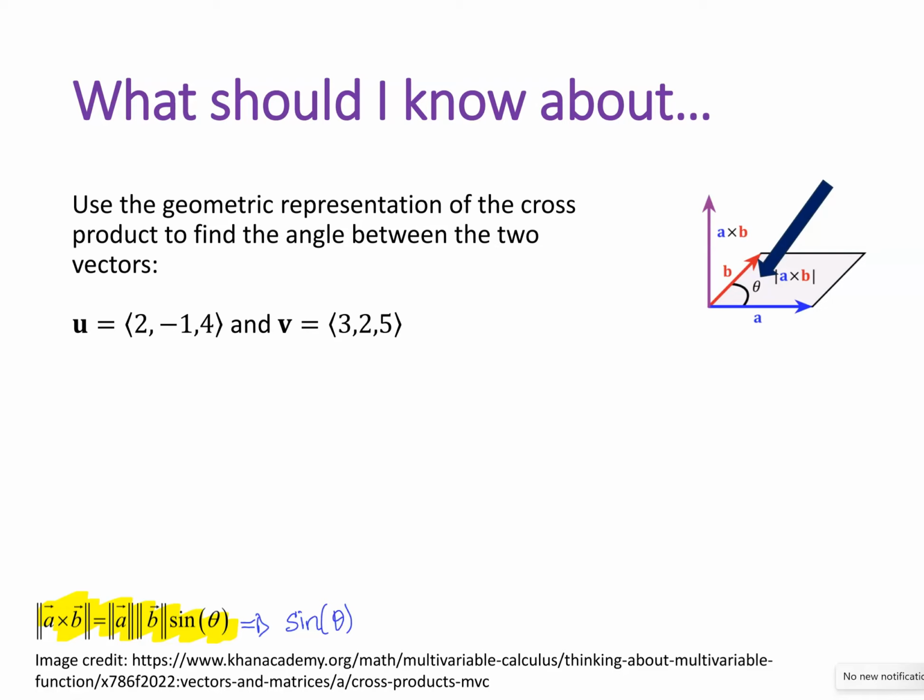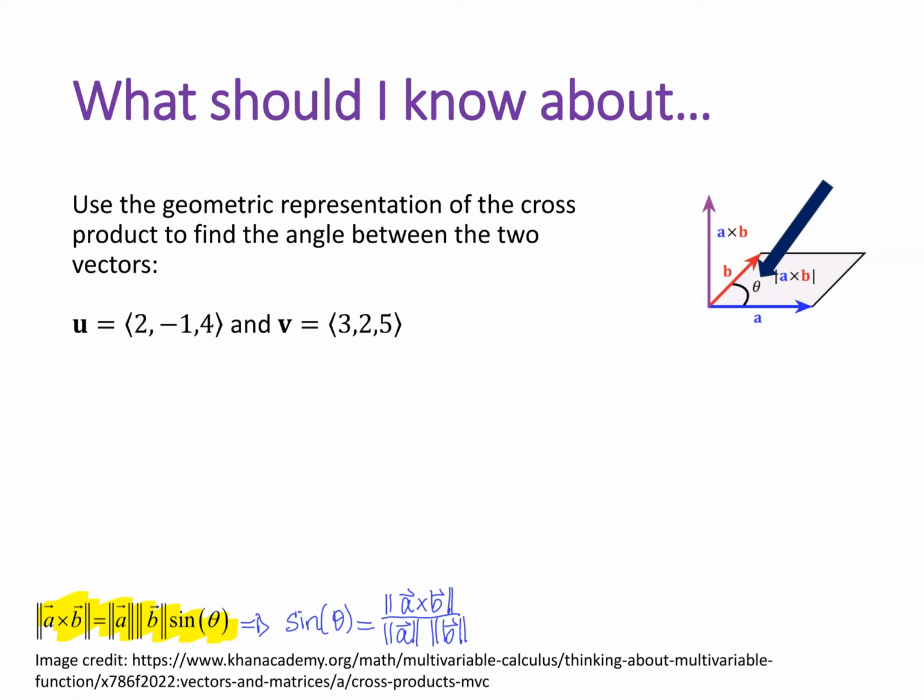I'm going to divide both sides of that equation by the magnitude of vector A and the magnitude of vector B, which leads me to the sine of theta equaling the magnitude of vector A cross B divided by the magnitude of A times the magnitude of B. We now have a formula that we can use to find the sine of that angle. Once we have the sine of the angle, we can use our knowledge of inverse trigonometry to actually find the angle itself.